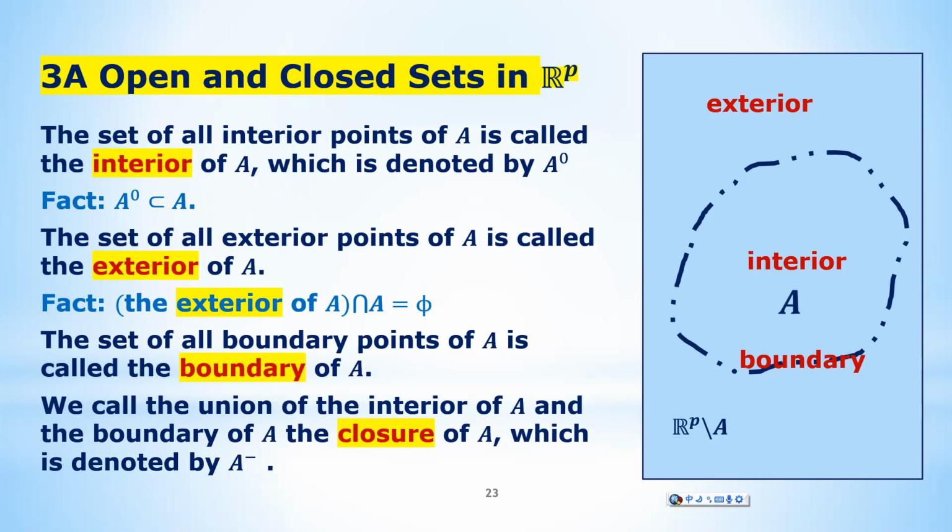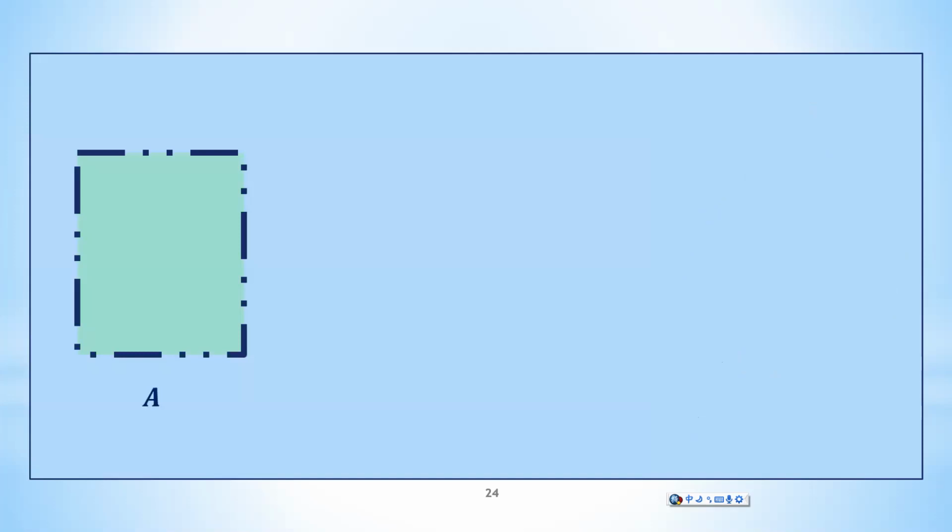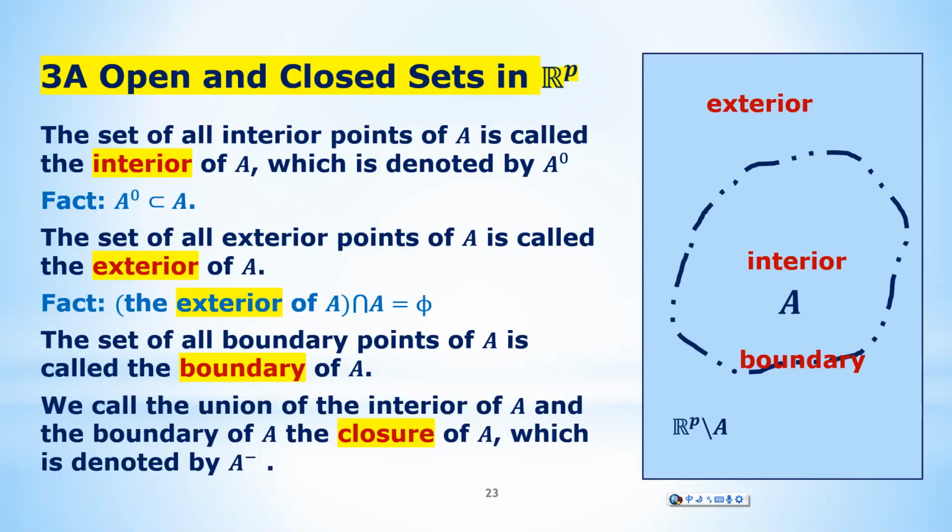It's denoted by A bar. Sometimes we put the bar above A, sometimes on the right side of A. Different books carry different notations. You take the interior and the boundary together, and this is a new set called the closure. So these are the kinds of sets associated with A: interior, exterior, boundary, and closure.